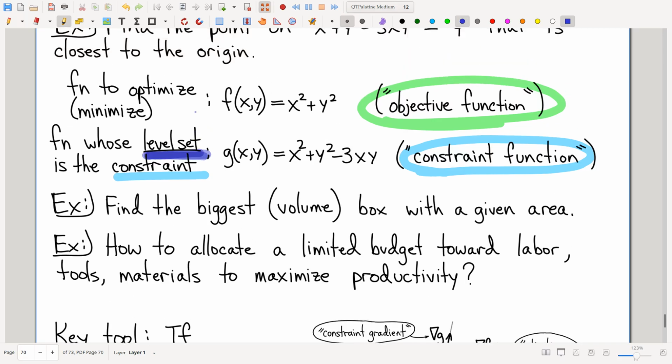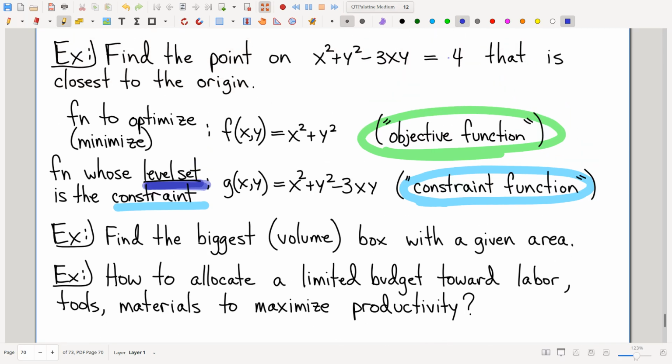If you look at this original example, this constraint is phrased as a level set of a function, that is our constraint function. But sometimes your constraint will come to you not written as a level set. Rewrite it as a level set. Move the algebra around so you have stuff equals constant. We're going to need it to be a level set.